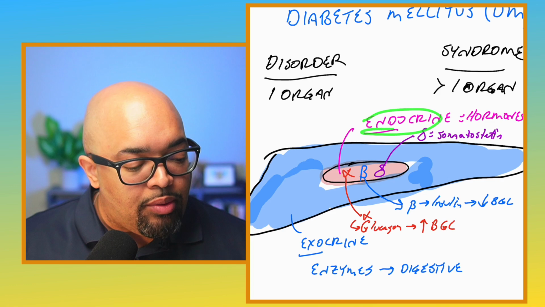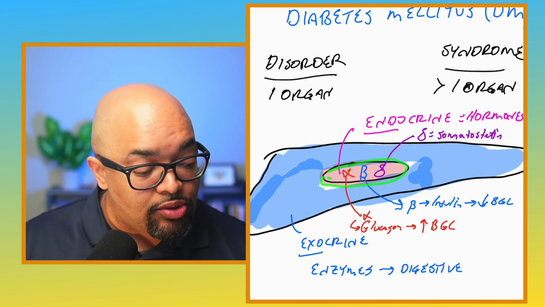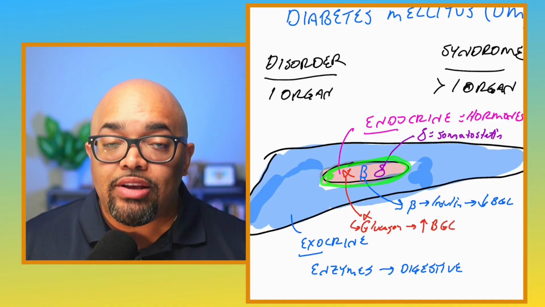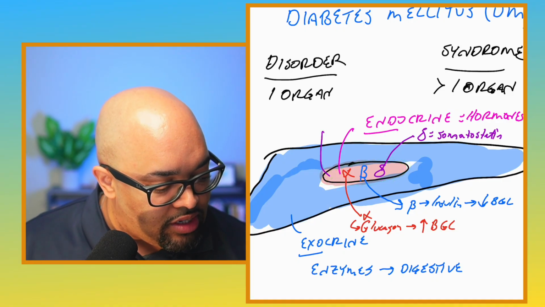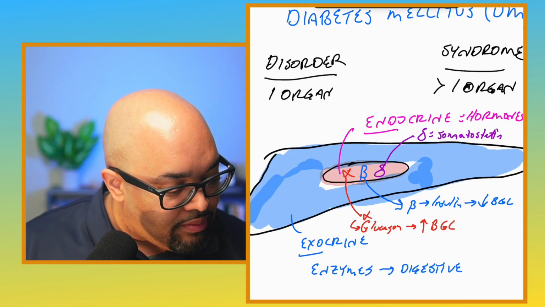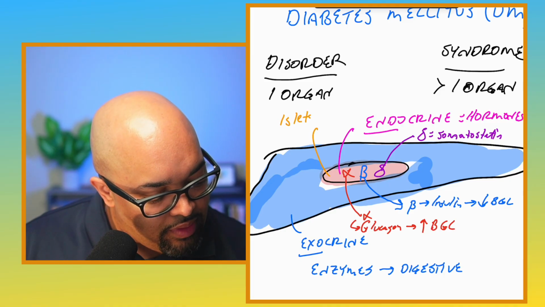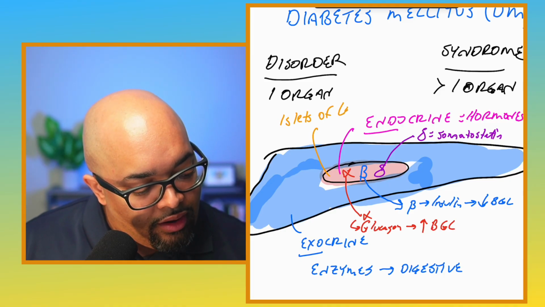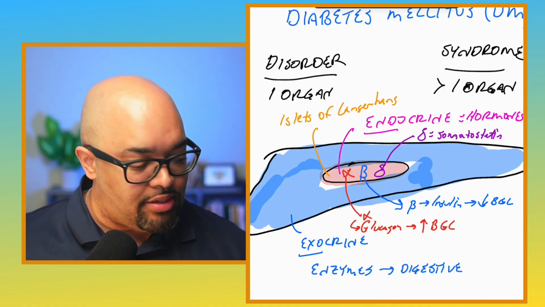And then the endocrine part that releases the hormones, those hormones are made in this special location within the pancreas called the islets of Langerhans. Here, let me just write that out. So this section, let's change that color. Sorry about that. That section is known as the islets of Langerhans. Okay, the islets of Langerhans.